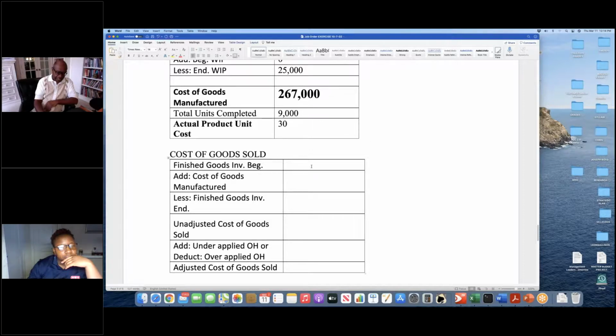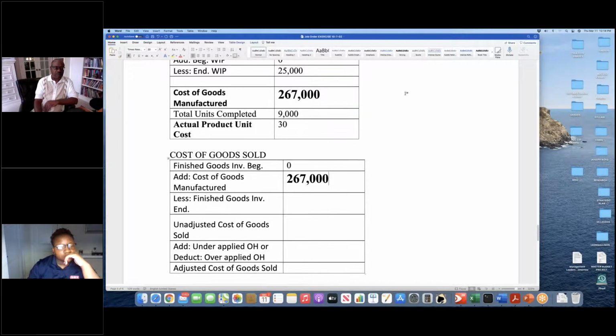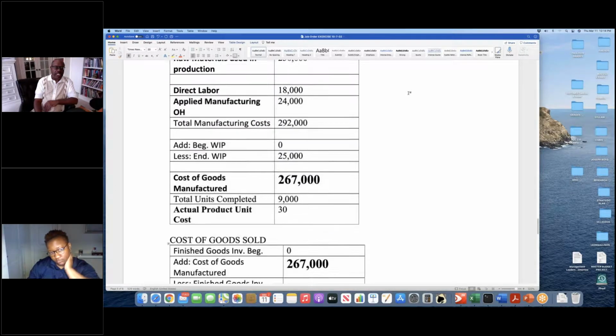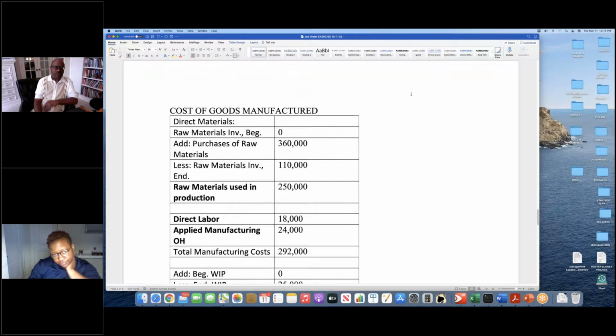All right, let's see, we can do a cost of goods sold. We didn't have any beginning. We simply bring down this number, cost of goods manufactured, less ending finished goods inventory.